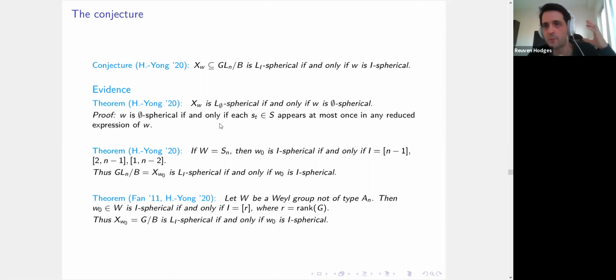Someone else has shown exactly when these varieties are Li spherical. We show exactly when the associated W's are I spherical, and they exactly match up, and so the conjecture holds in those cases. But what you would really like is to say, I start off with the definition of W being I spherical, and I directly prove the geometric sphericality and vice versa. And that's definitely not the case for these first three theorems.